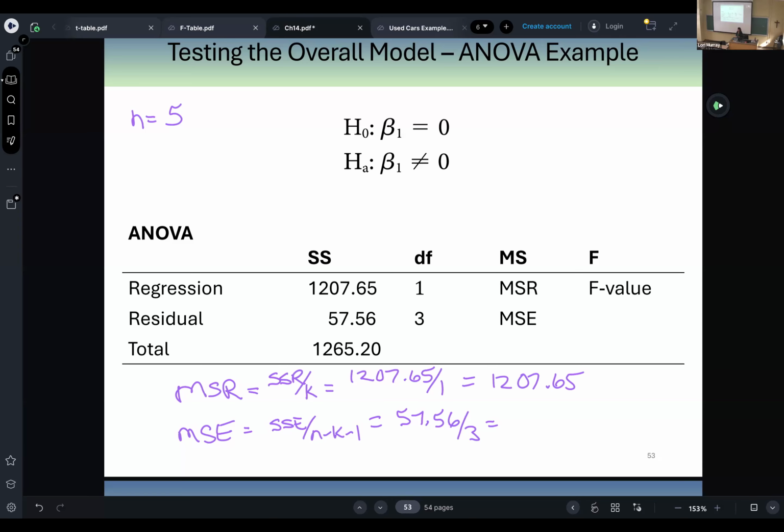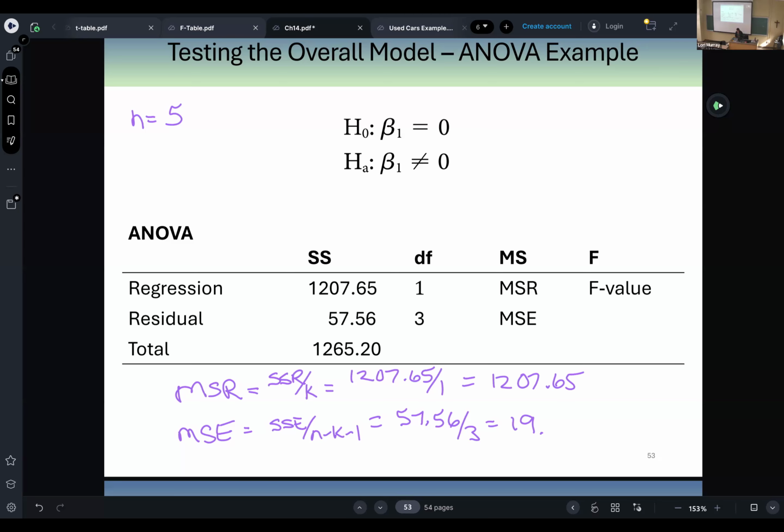Anybody have an answer? 19. Lots of number crunching today. 19.187. Sounds good.